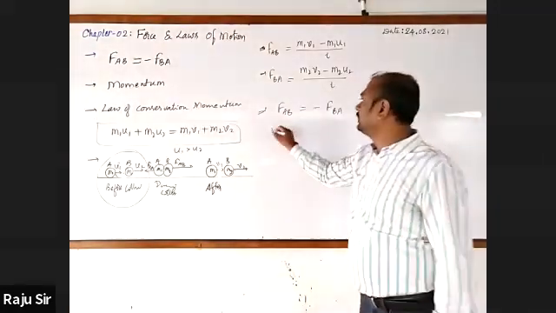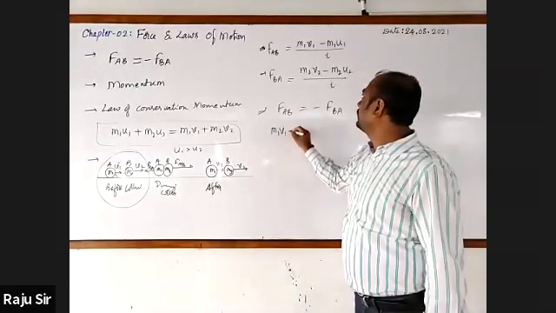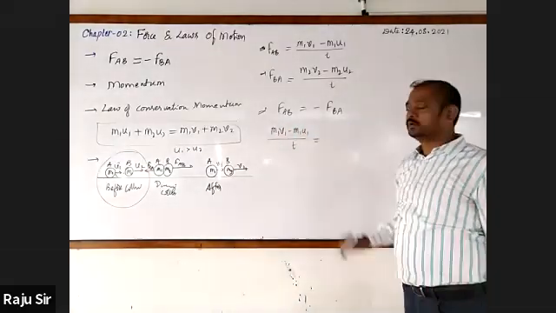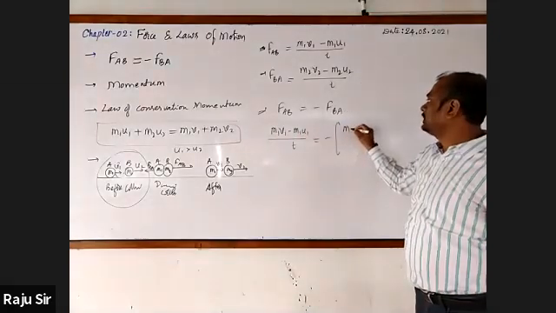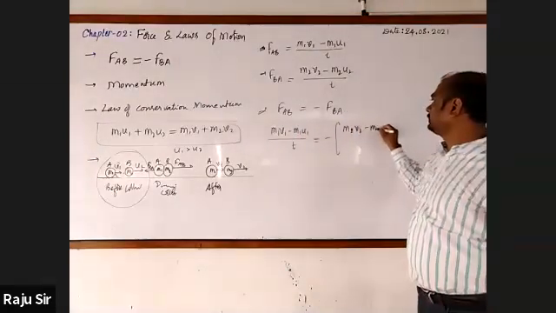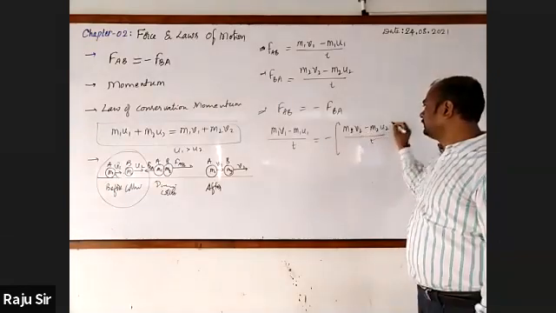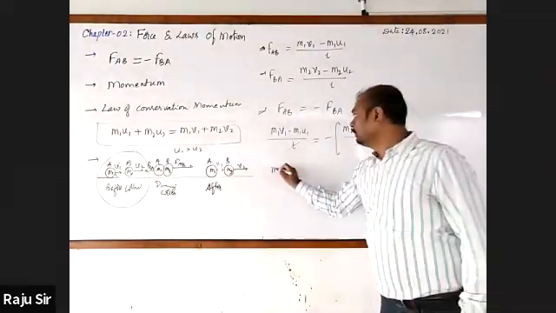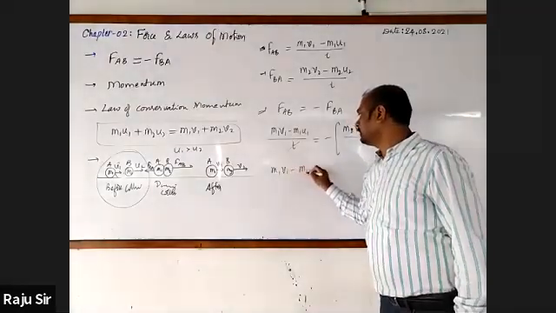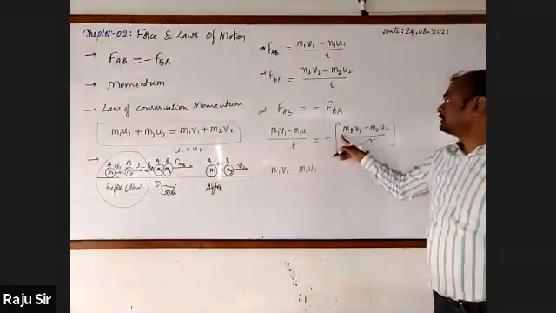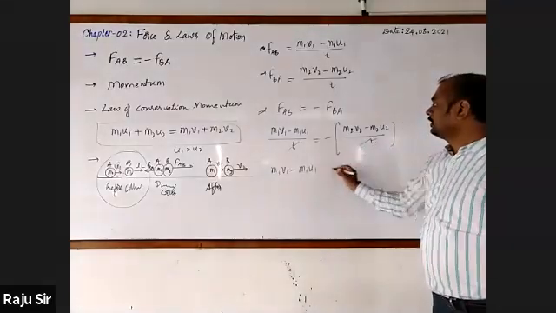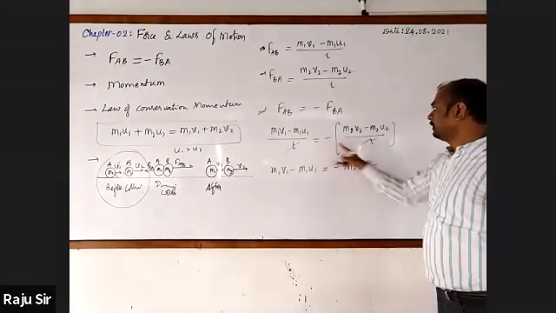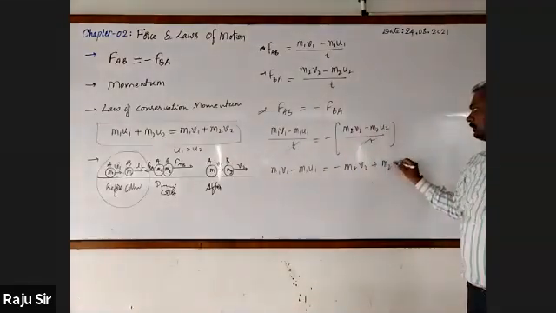Then we substituted F_AB. It is m1v1 minus m1u1 by t is equal to minus m2v2 minus m2u2 by t. T and t get cancelled. Then m1v1 minus m1u1 is equal to minus m2v2 plus m2u2.